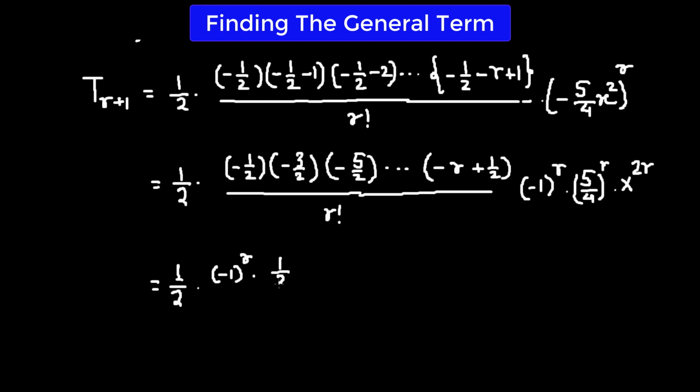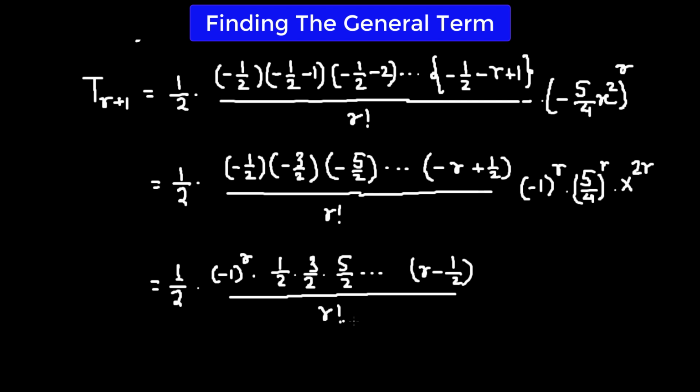Now we will be left with only the positive terms, which will be half times 3 by 2 times 5 over 2 all the way up to (r - half), divided by r factorial, times (-1)^r times (5/4)^r times x raised to the power twice of r.